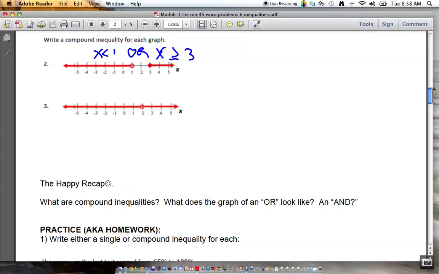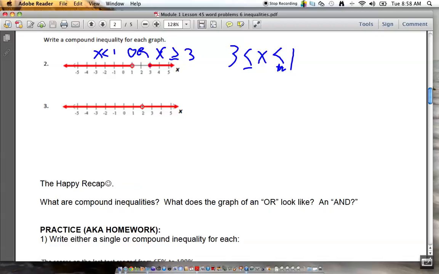Yes? 3 less than x less than 1. Okay, well, here's the thing. Now let's think this through.